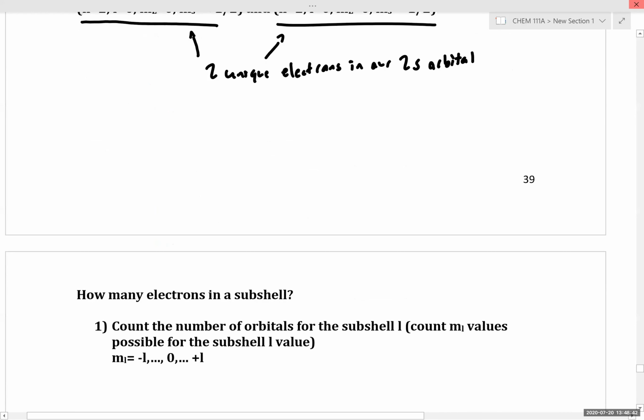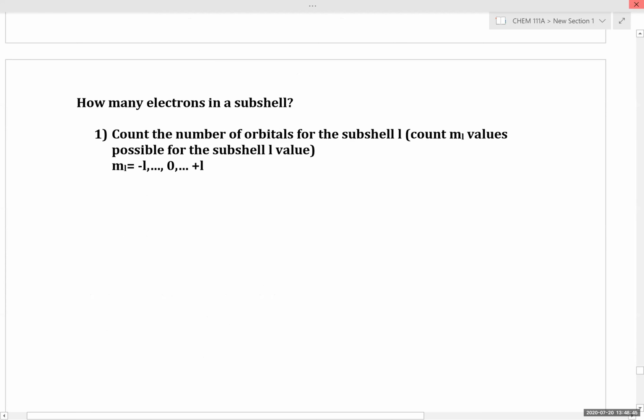Okay, so let's try to answer some questions. The first of which, how many electrons can we have in a subshell? So let's just qualitatively get a sense of how many electrons are found in a subshell, where a subshell, just as a reminder, is a region or section of a row in the periodic table. Now this is where things are going to get really cool if you're looking at your periodic table.